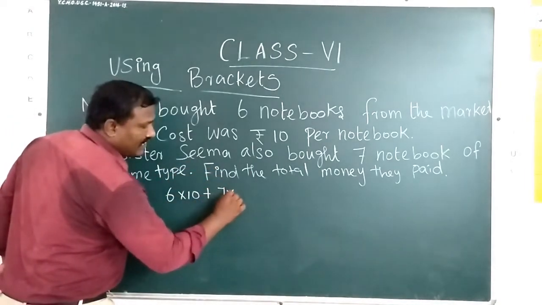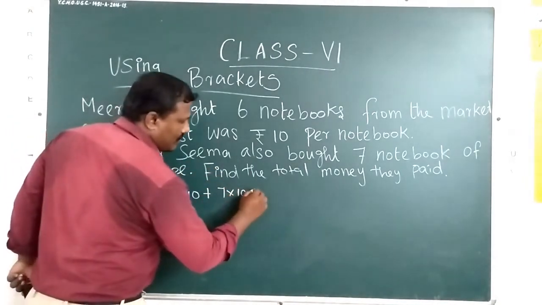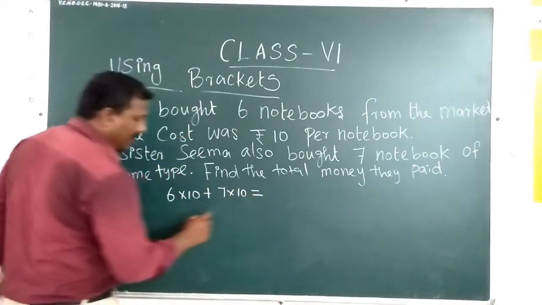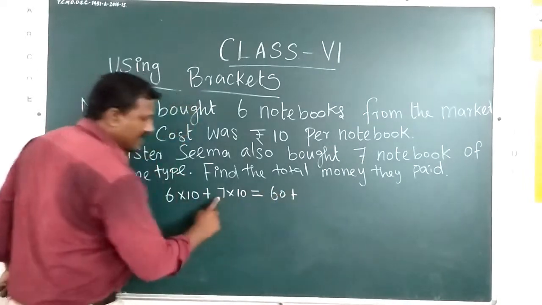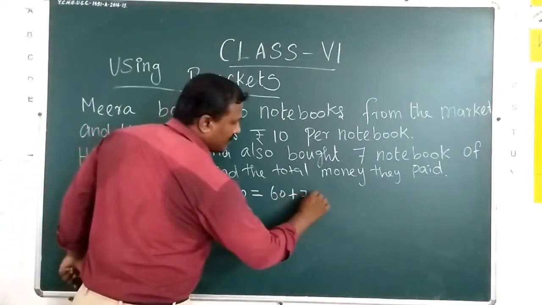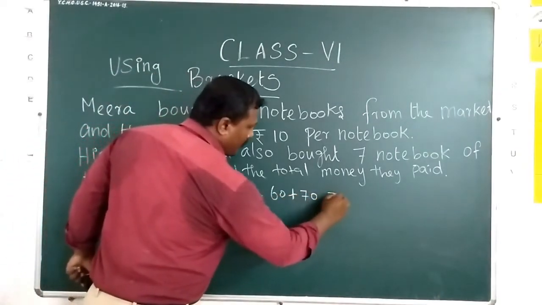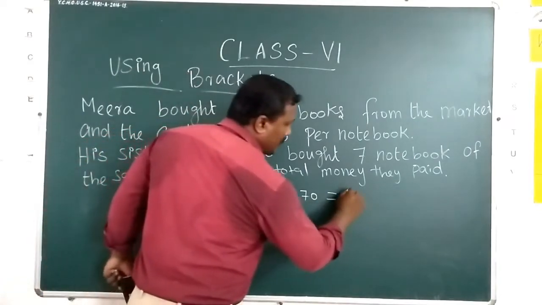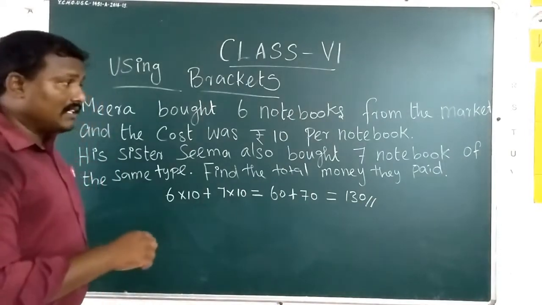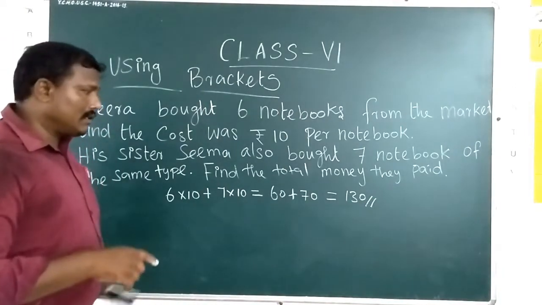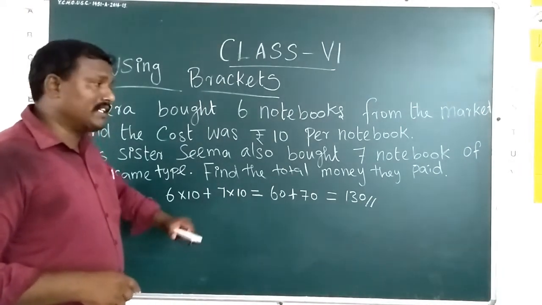So 7 into 10, 70. We can calculate: 6 into 10, 60, plus 7 into 10, 70. Then totally, how much? 130, no? So this is the way. If you are calculating, you will use this method.